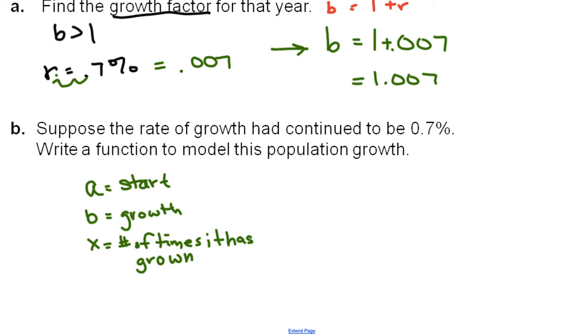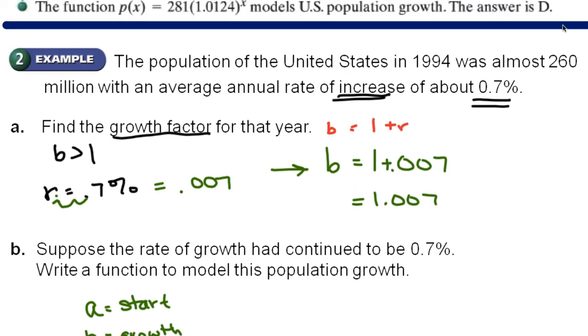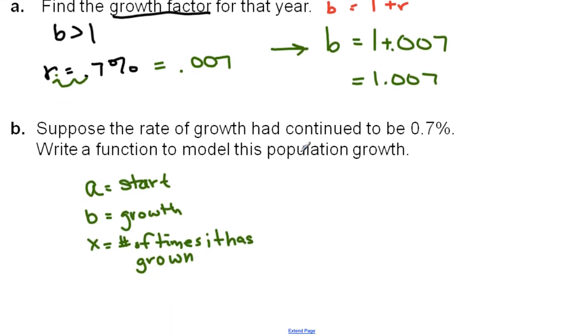Okay, so going back up to the data, it says the population in 1994 was almost 260 million. So that's our starting amount. So a is 260. b we found up here, which is 1.007.